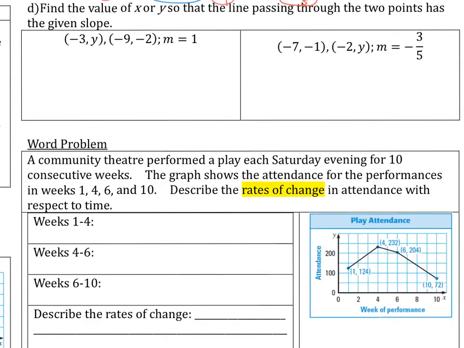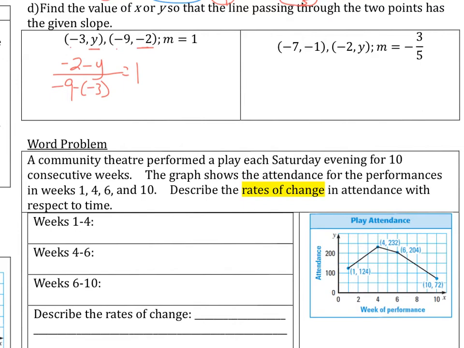Part D, find the value of x or y so that the line passing through the 2 points has the given slope. I could set up an equation right now. So on the left hand side, I could just use the formula and take -2 minus y, put it over -9 minus -3, and let it equal to 1.